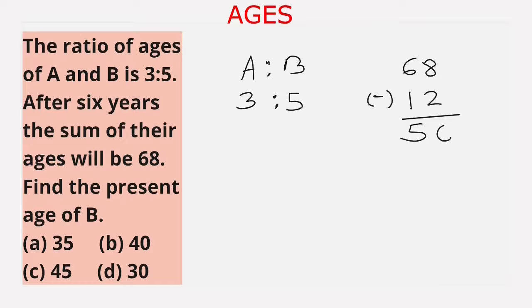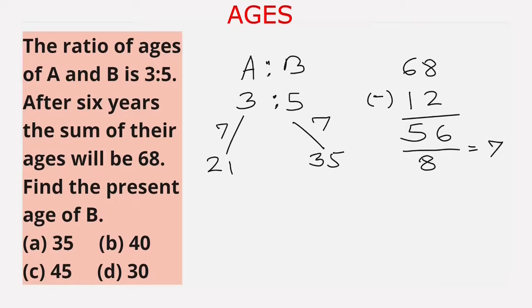This is the sum of the age of A and B, and this sum when divided by 8, as the ratio is 3:5 and 3 plus 5 is 8. So if we divide 56 by 8, we get 7. So each part is 7. So 3 parts is 21 and 5 parts is 35. 7 times 5 is 35.